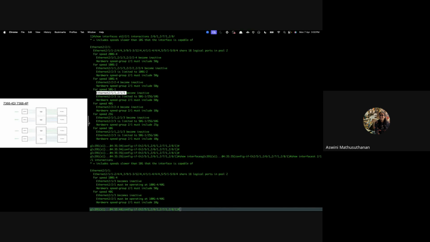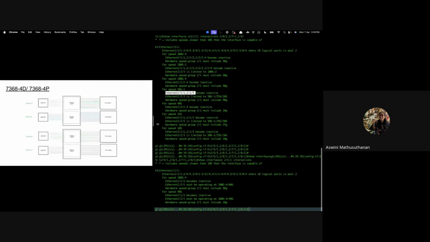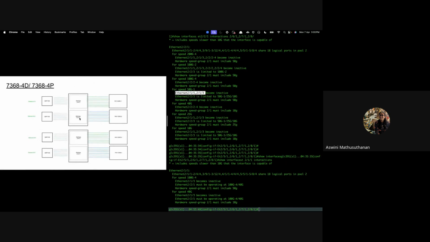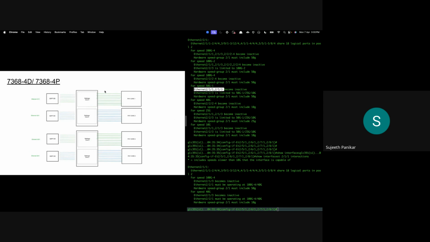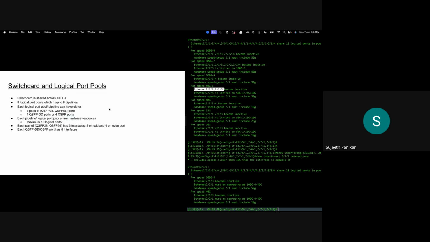We don't have this chassis, but there is also a TOI, and the same TOI mentions which interfaces will go inactive or active for that particular line card or for that particular speed. But in this case, it's slightly more straightforward because between the transceiver and the gearbox, we have 8 possible lanes, and between the gearbox and the PHY, we have 8 SerDes. So it's not very complex.